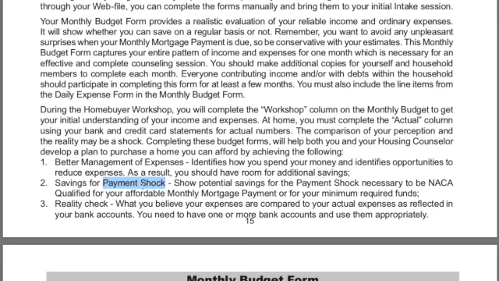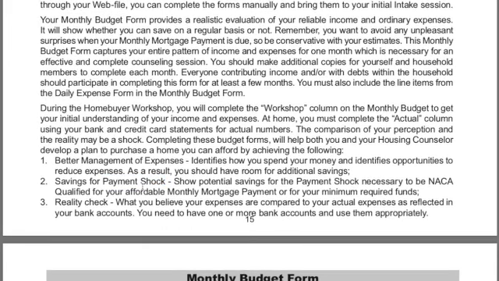So if you are only paying, for instance, $500 a month for your rent, and it is possible, believe it or not. Let's say you're only paying $500 a month for your rent. Well, let's say that the mortgage that you're looking for is $900.